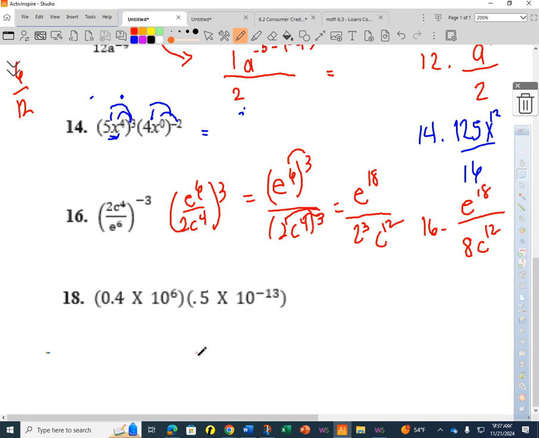So I'm telling you now, no matter what the test says, this is how I want you to do it. You're going to multiply these, and then make sure that your final expression is in scientific notation. Okay, so for 18, we're going to simplify and write in scientific notation.